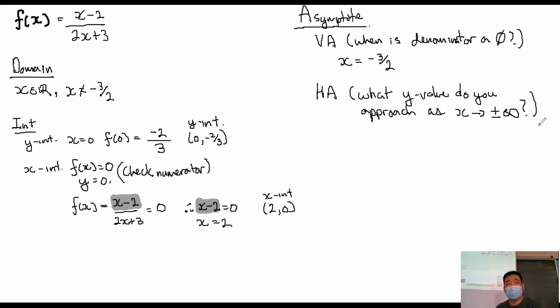Yesterday, I didn't say that because I wanted you to focus on understanding what horizontal asymptote is. And you didn't have to worry too much because the numerator is always a 1. And then I got you to calculate end behavior separately. From this point on, you can do it one and the same, okay?